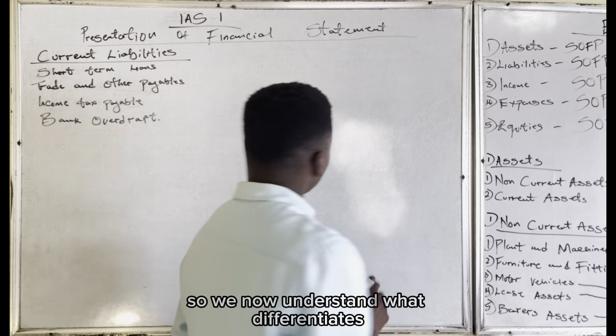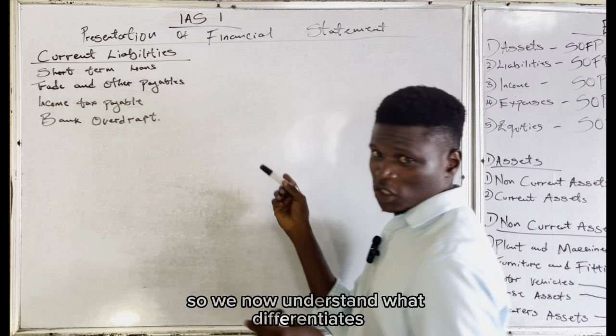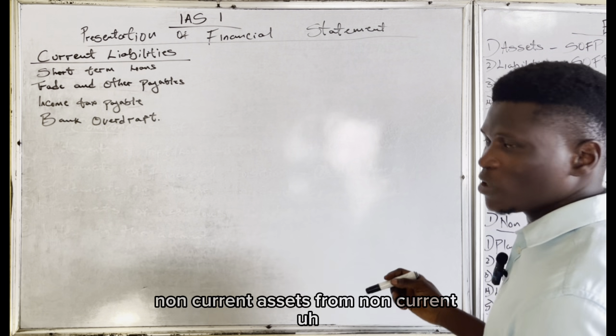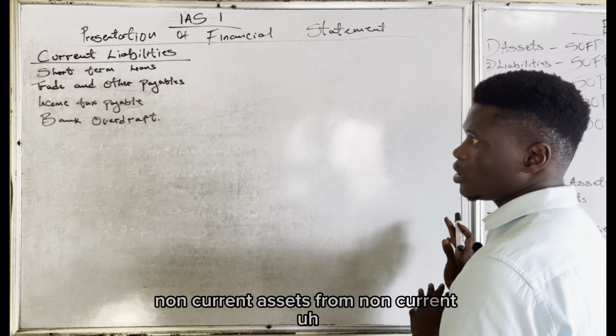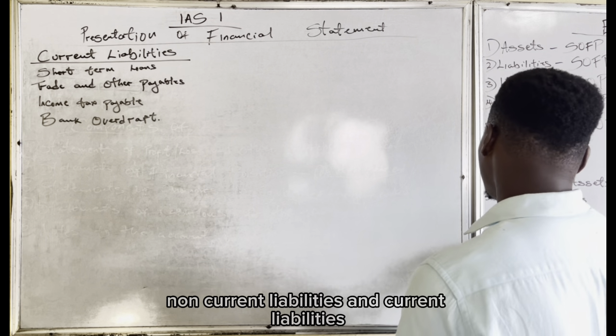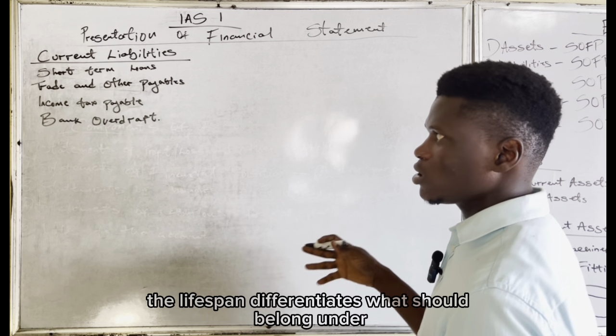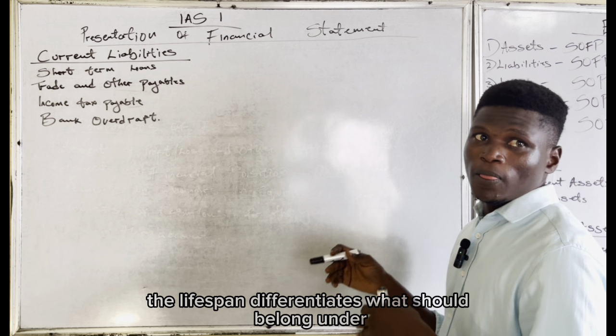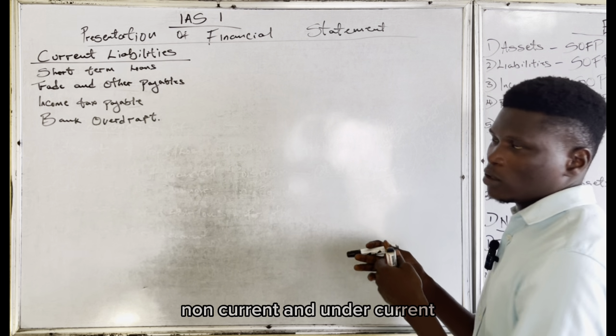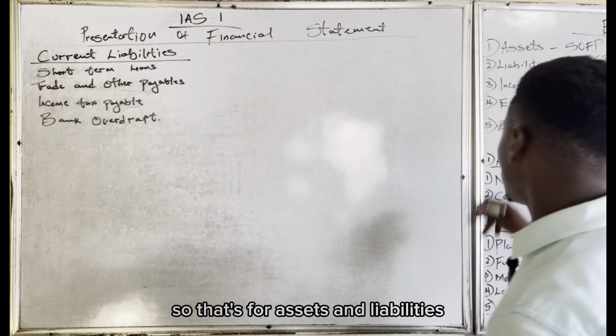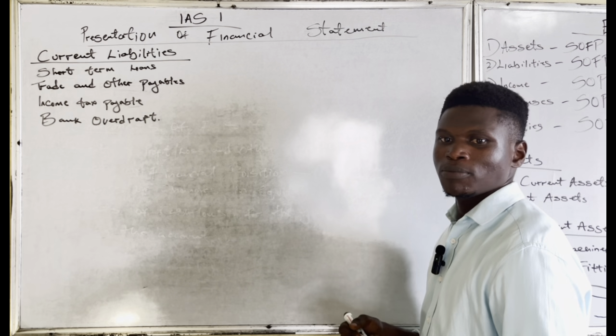So we now understand what differentiates non-current assets from current assets, non-current liabilities, and current liabilities. The lifespan differentiates what should belong under non-current and under current. So that's for assets and liabilities.